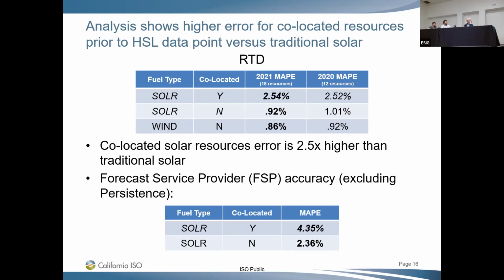As you saw, the co-located resources came on the system first. So we've had time to analyze them a little bit more in relation to the error that they have. What we found is co-located solar resources' error was 2.5 times higher than a traditional solar resource. So the question now is why? Why are we seeing that the co-located resources have a higher error?